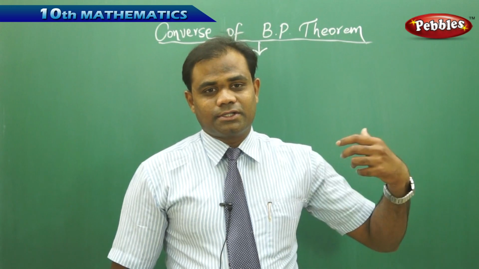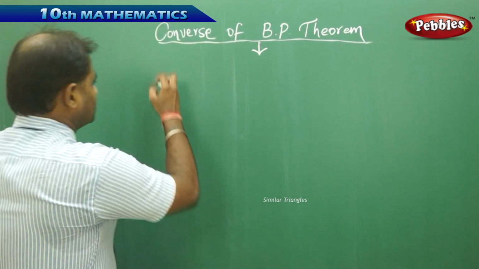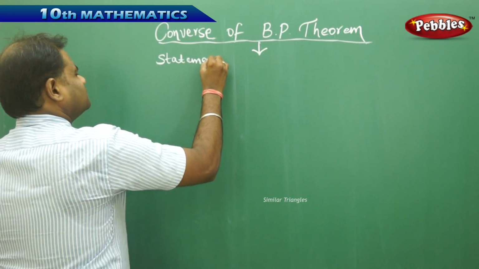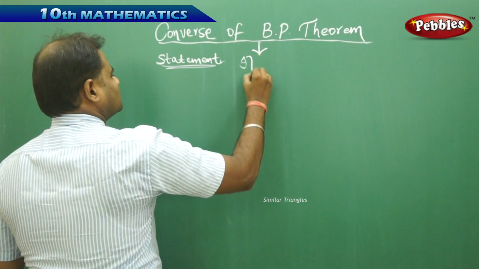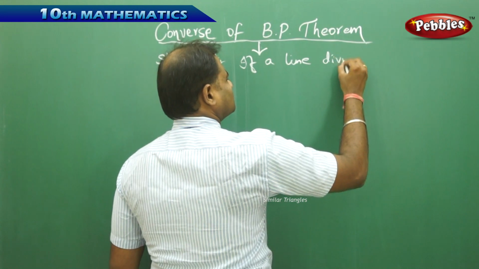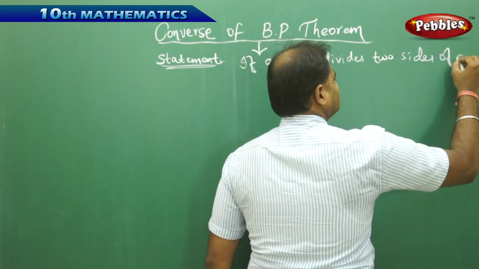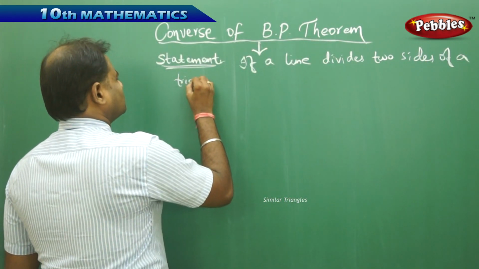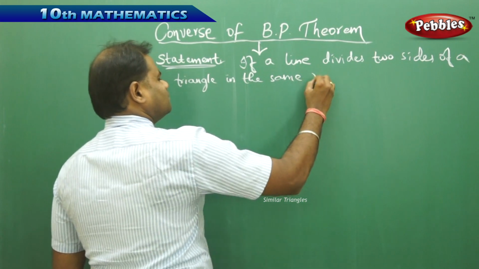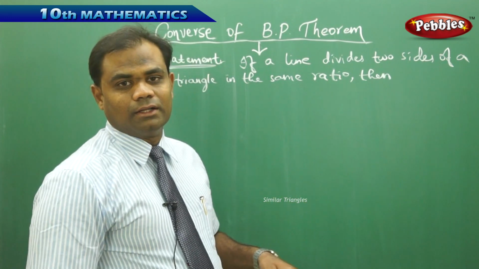So let's initially understand the statement and prove the converse of BP theorem. The statement of the converse of BP theorem states that if a line divides two sides of a triangle in the same ratio, then that line must be parallel to the third side.